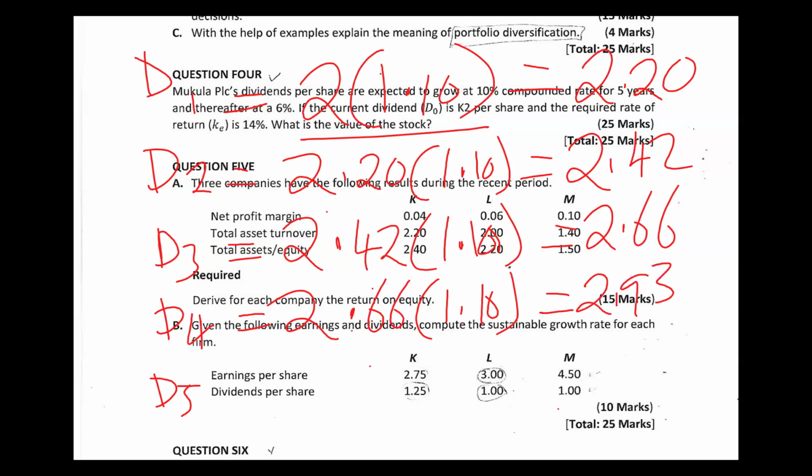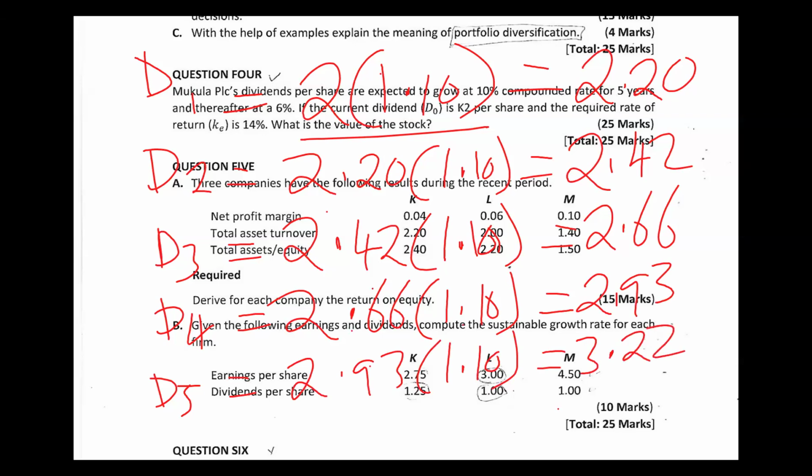Everyone finding the same? Then what about the fifth year? We shall have 2.93 times the 10%. Let's keep these figures, we'll need them. 3.22. Thank you.